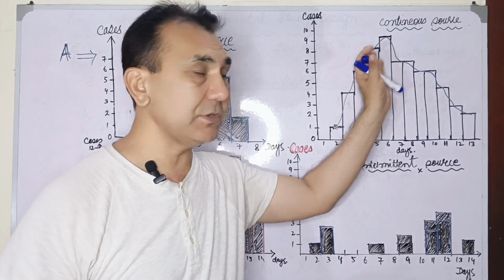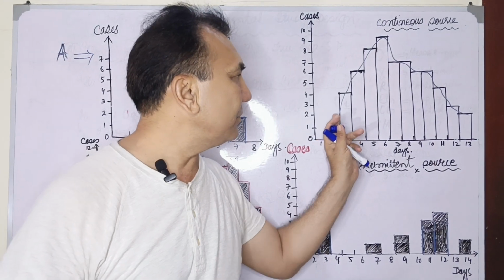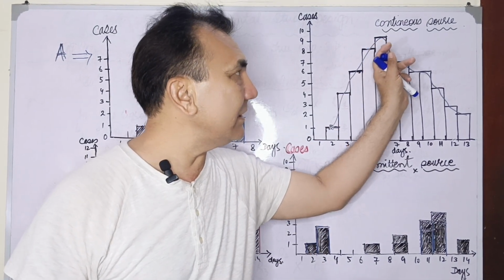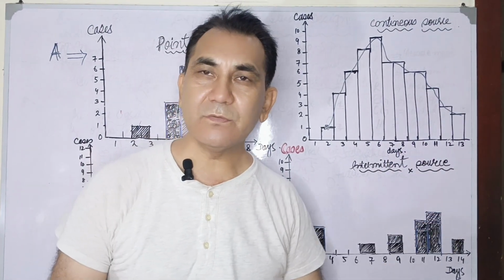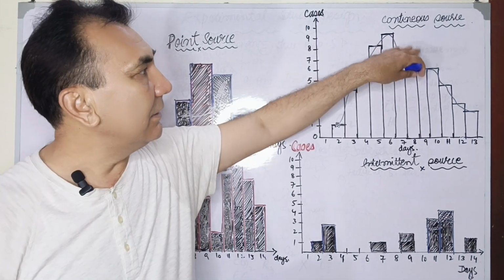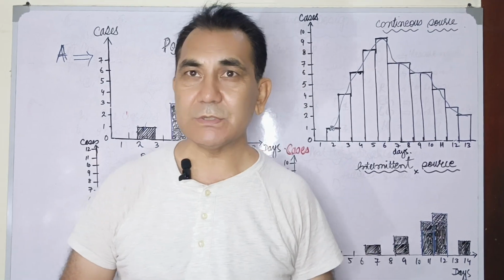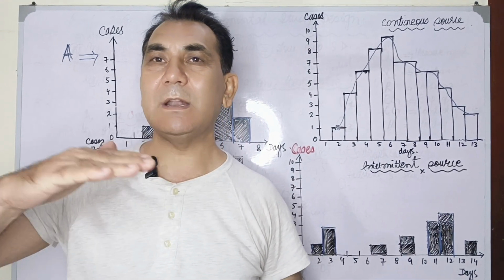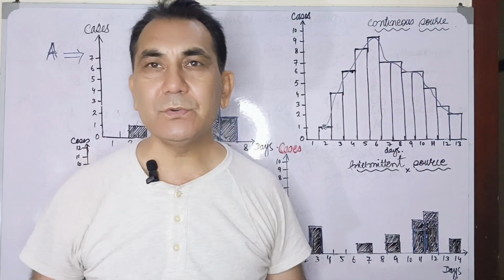It may be person to person or vehicle transmission, and it goes on for a longer time period, and the number of cases in the continuous source may be higher than the expected counts. So it is called the continuous source.